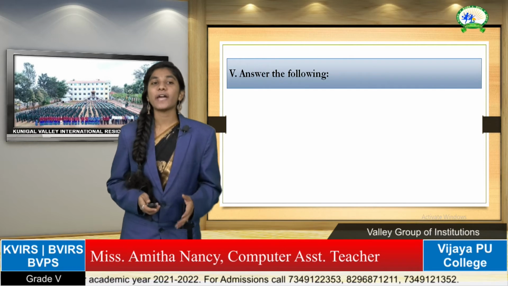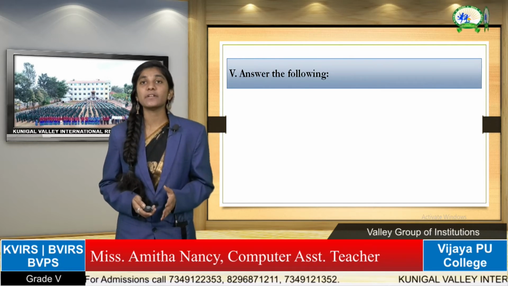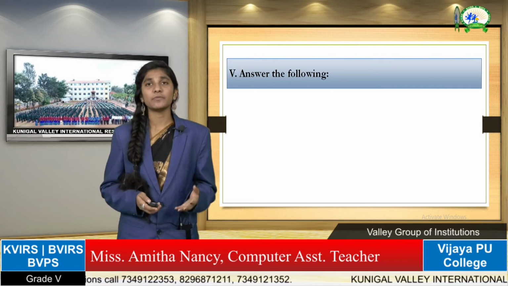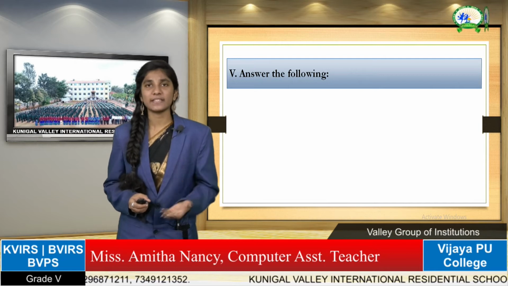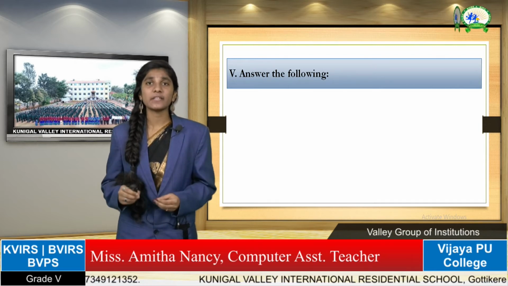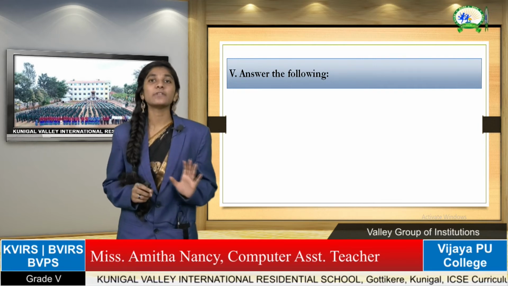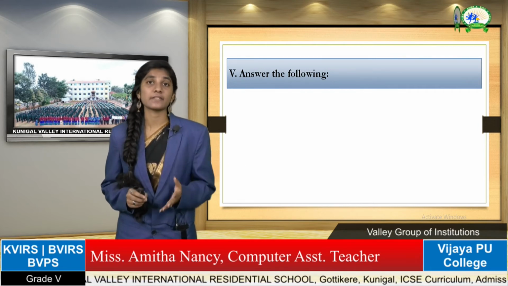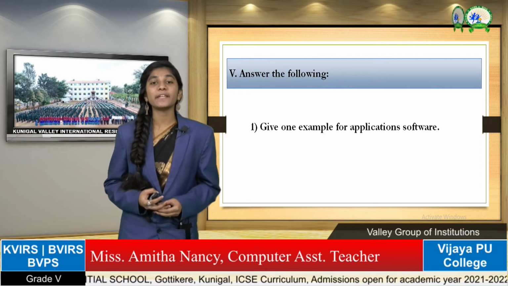In the fifth main question you will answer the following questions. A question will be given and you have to answer in one word or in a sentence. If it is a one word answer, you can answer in one word. If it asks for a definition, you have to write the whole definition, not one word. Here the question is: give one example for application software.